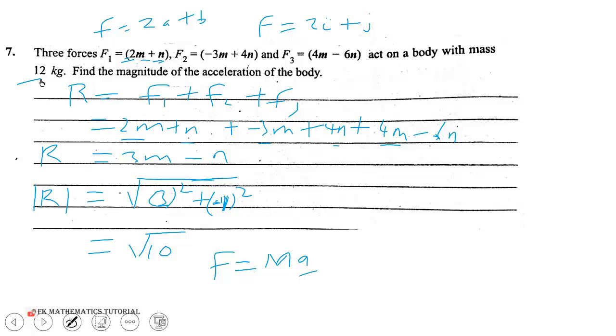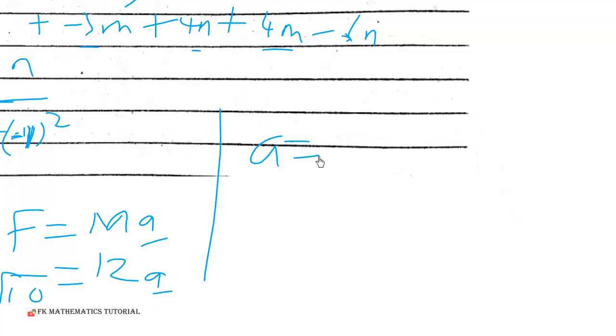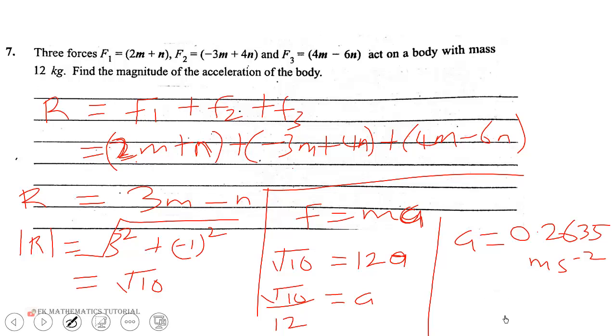The mass is 12 kg, and the magnitude of the force is root 10. So 12a is equal to root 10. Solving for a, a equals root 10 over 12. So the acceleration is equal to 0.2635 meters per second squared.